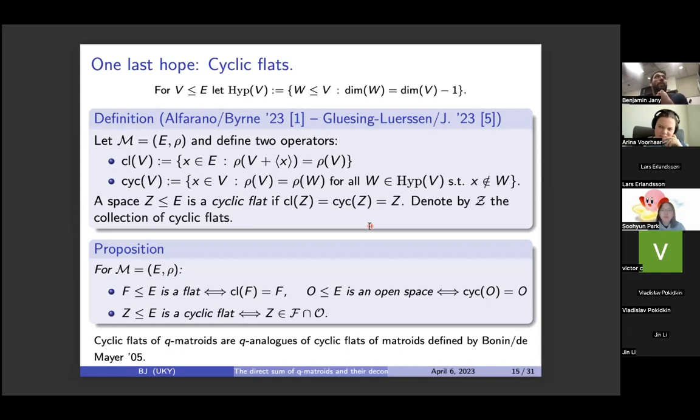Yeah, so I know people have looked into the shellability of the independence complex, and they have shown that it is shellable as well for q-matroids.